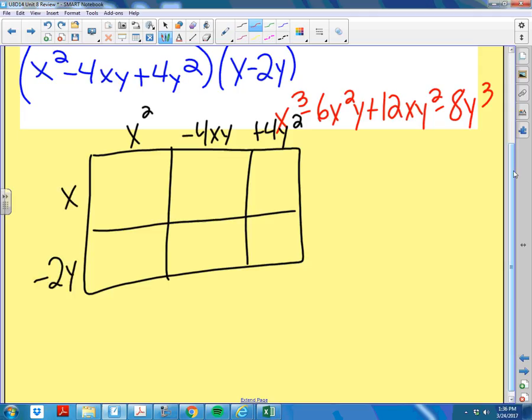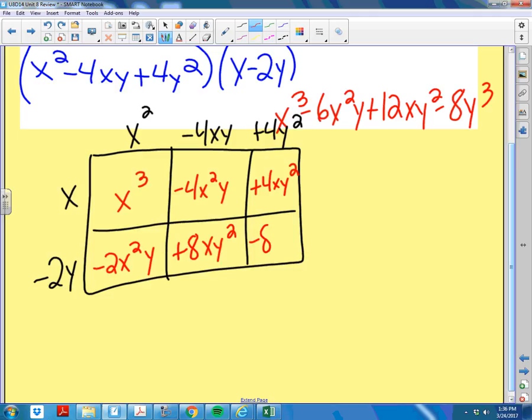Now it's set up, and I just have to multiply carefully. X times x squared is x to the third. This is negative 4x squared y. This is positive 4xy squared. Next line, negative 2x squared y, positive 8xy squared, negative 8y to the third.